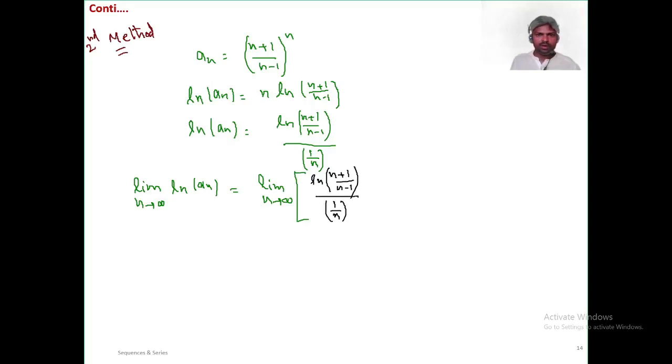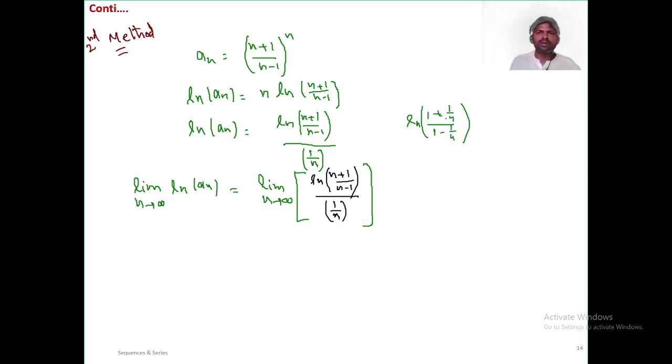If you take n common from the numerator, what happens? 1 plus 1 by n, right? And the denominator also, taking n common, gives 1 minus 1 by n. So this is ln of, inside the function, n taken common from the numerator and denominator, that n will cancel, leaving 1 plus 1 by n over 1 minus 1 by n.